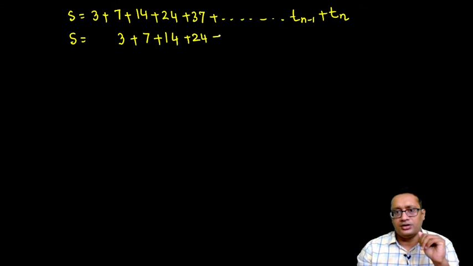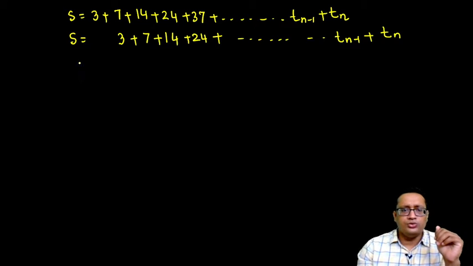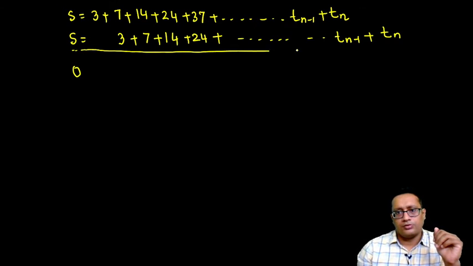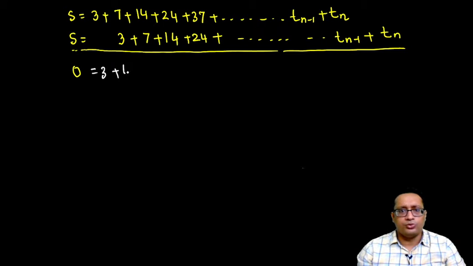Shift right and write it, so Tn minus 1 comes below Tn and Tn is shifted to the right side. Now you subtract it. After subtraction, just check what you will get. It becomes 3, this becomes 4, this becomes 7, this becomes 10, this becomes 13, dotted dotted.